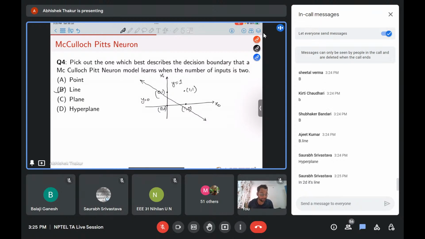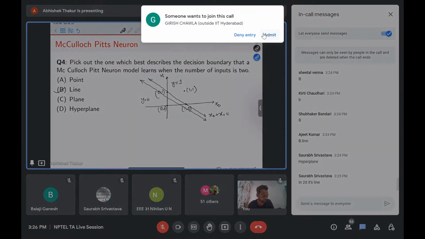Now what is the optimal line for this answer? What is the equation of this line? x0 plus x1 equal to 1.